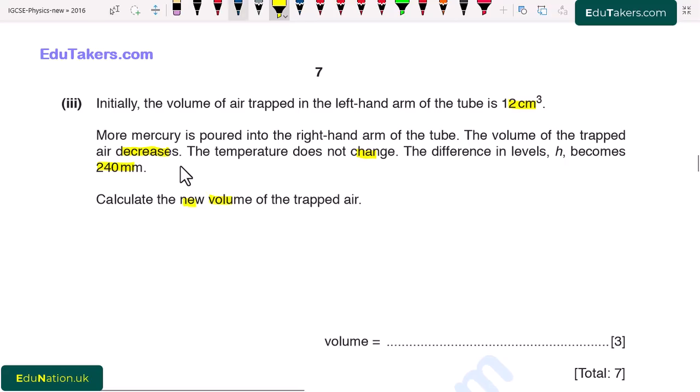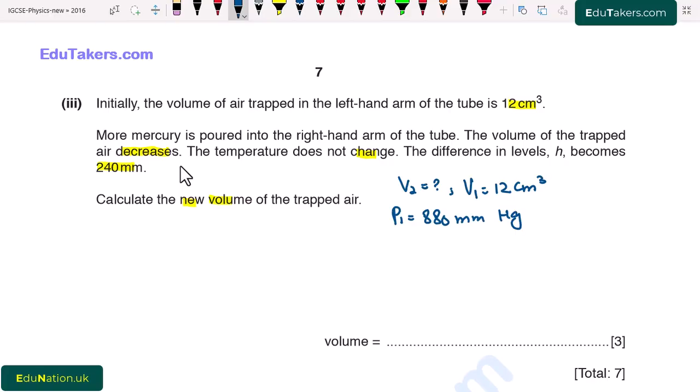So here we have to find out the new volume, that is V2. V1 is given, which is 12 centimeter cube, and also the initial pressure P1 that we calculated in the previous part when the height is 120 millimeter. So it will be 880 millimeter Hg.